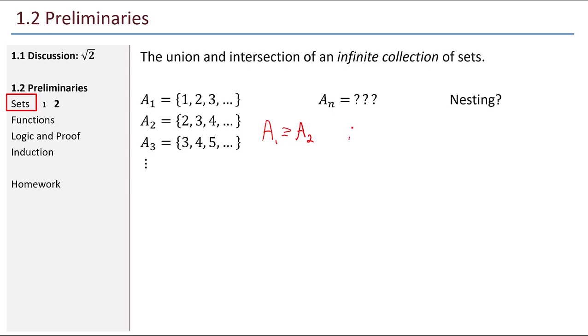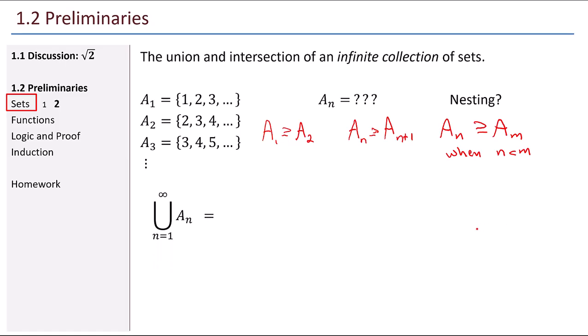And in fact, A sub n is a superset of A sub n plus 1. Even more generally, see if you believe this: A sub n is a superset of A sub m whenever n is less than m. It's these kinds of relationships that are important to understand and wrestle with, and make sure that you see them.